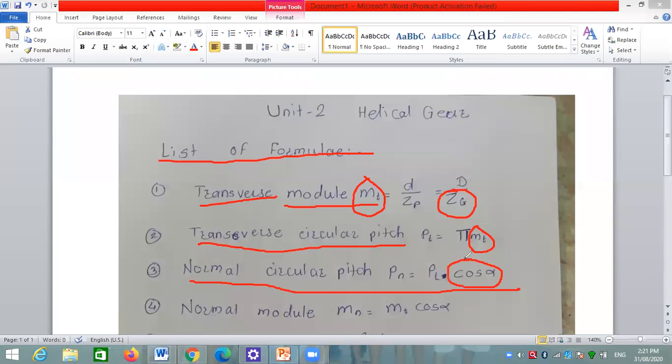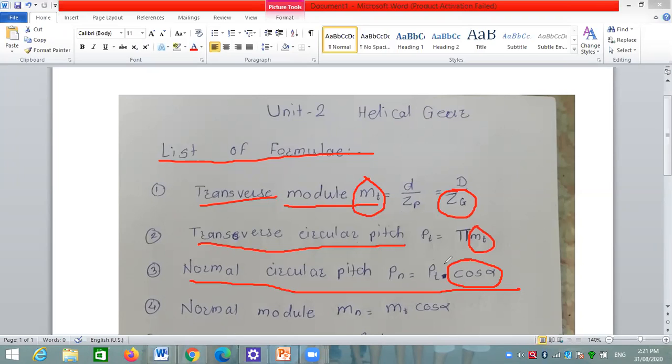The maximum value of cos of alpha is 1, when alpha is 0, and then Pn is equal to Pt. But always remember, the value of transverse pitch or transverse module is always higher than that of the normal module.